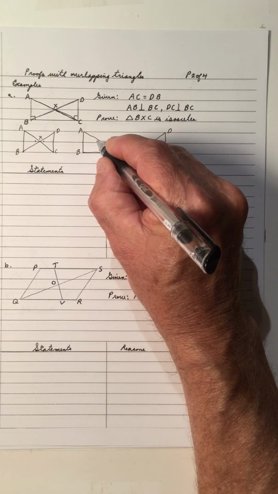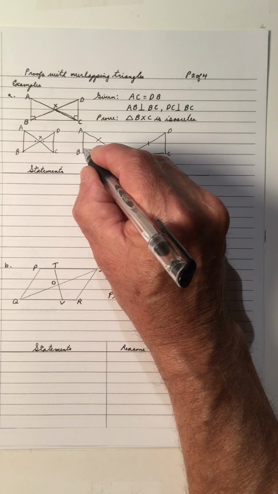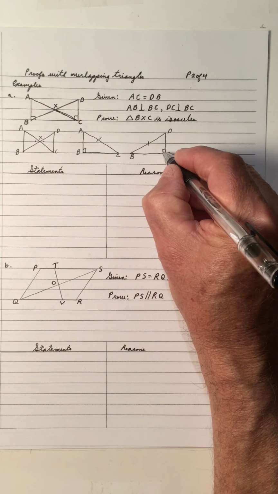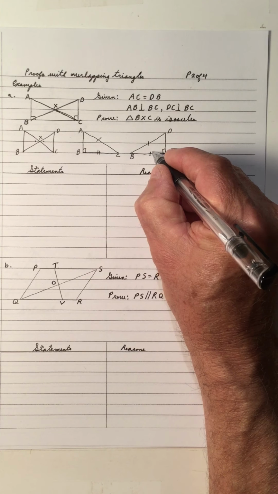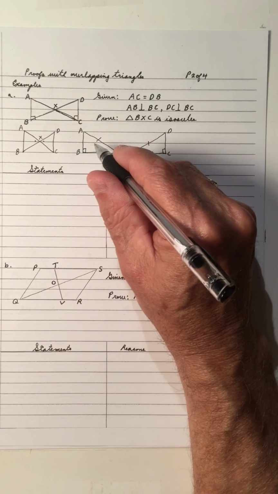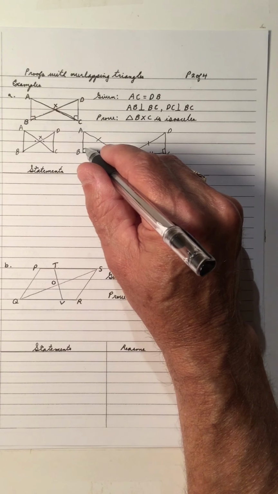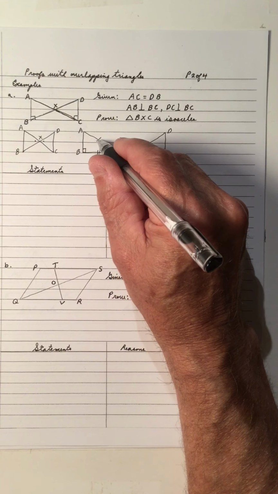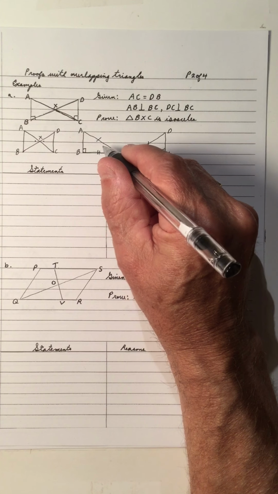We're given that AC equals DB. We're given the perpendiculars here, and I also see that BC equals CB, a common side to both triangles. So these triangles are congruent by, we can't say the angles are equal because they're right angles, we can use the hypotenuse leg, because that's the hypotenuse opposite the right angle, and that's the leg.